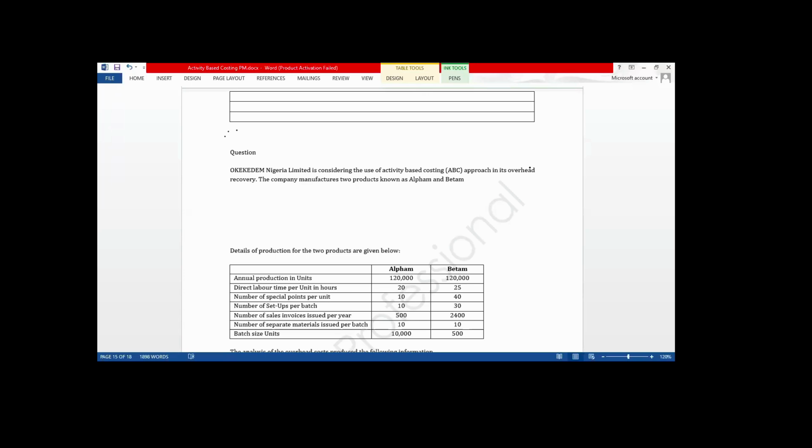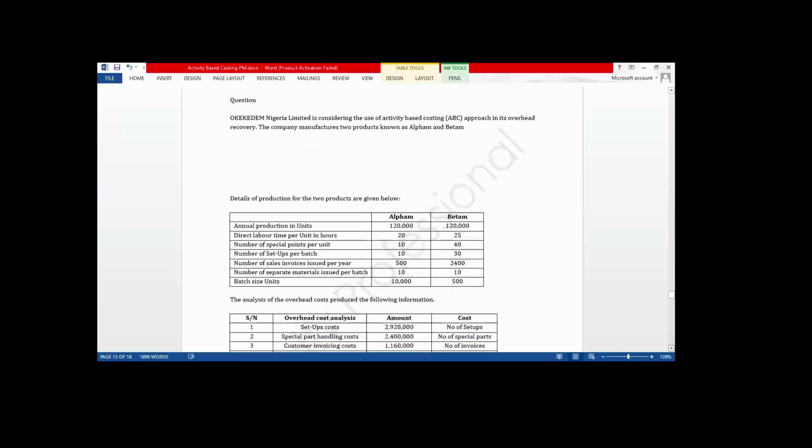Batch size, units, 10,500. The question we just solved, we have 2,100. This question is exactly the question we solved. Examiner just changed the figures by multiplying all these figures by 5.